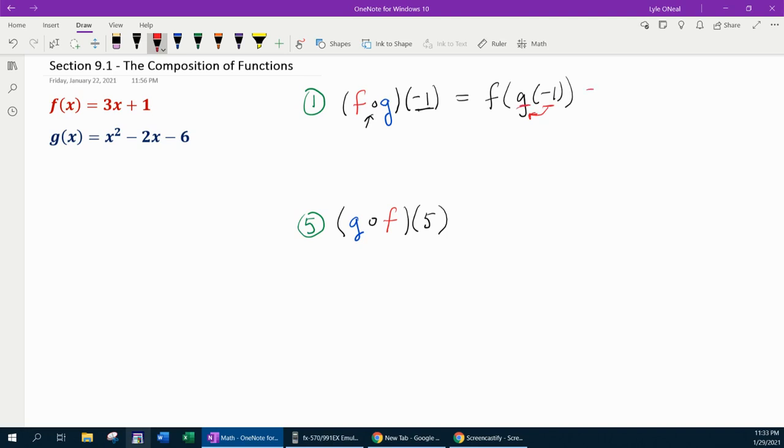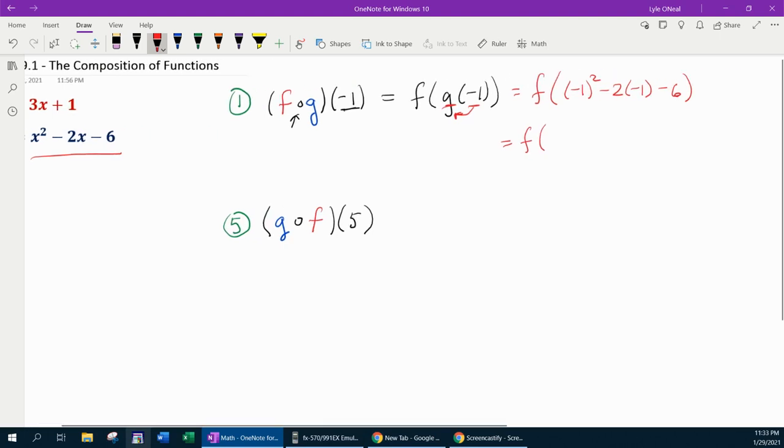Now, what is that going to look like? Well, that's going to be f of, and then if I go to g of x and replace every x with negative 1, that's going to be negative 1 squared minus 2 times negative 1 minus 6. And then I need to work all of that out.